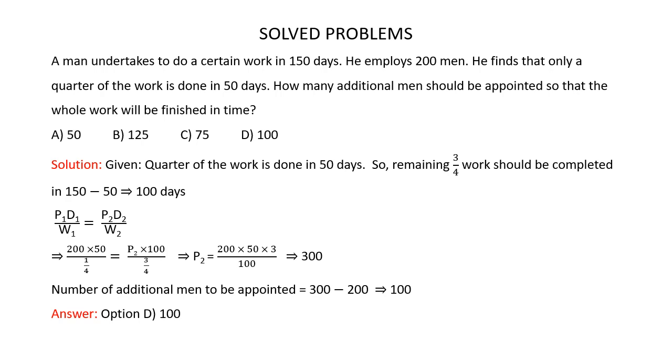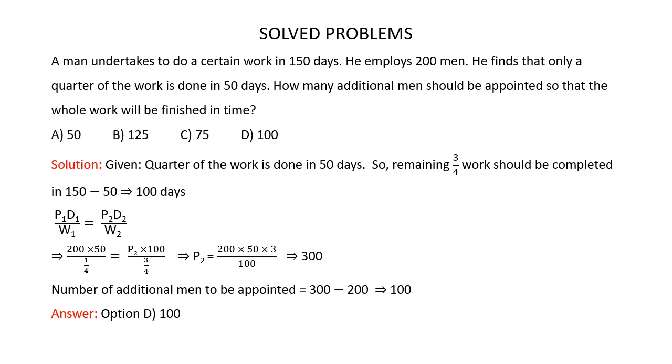So substituting all these values in the formula here, we get 200 multiplied by 50 divided by 1 by 4 is equal to P2 multiplied by 100 divided by 3 by 4. This 4 and this 4 will cancel out. And on cross multiplication, we get P2 is equal to 200 multiplied by 50 multiplied by 3 divided by 100.